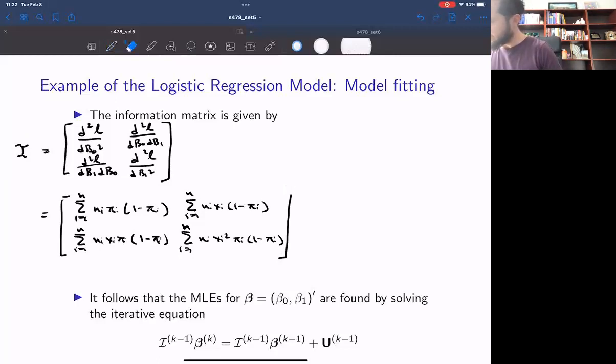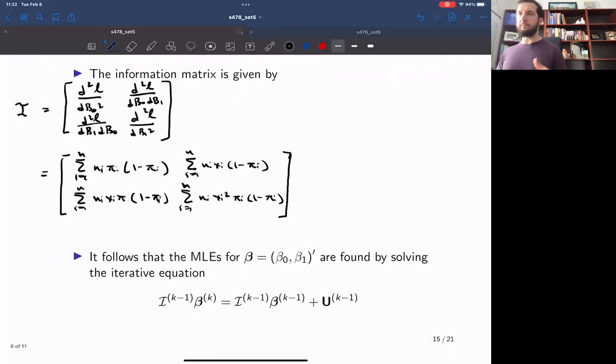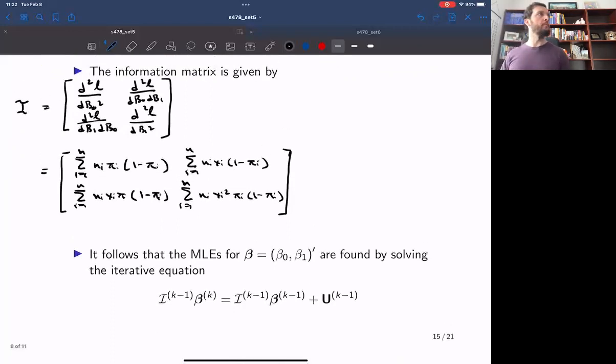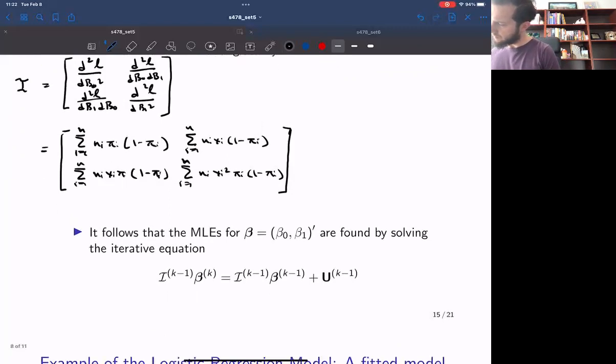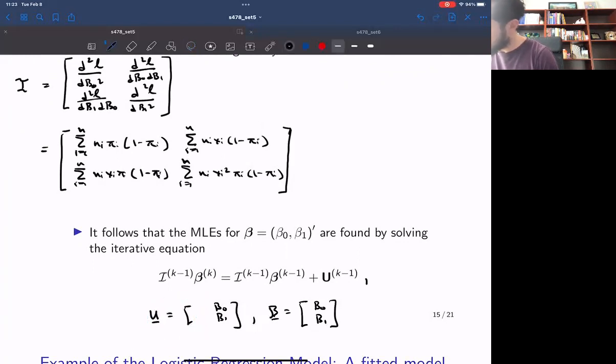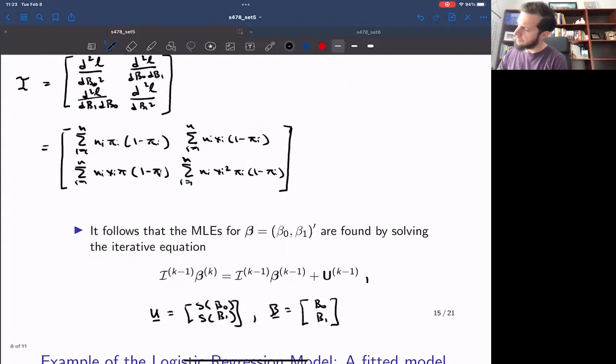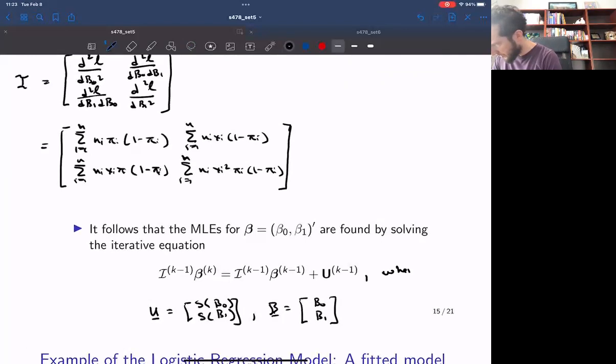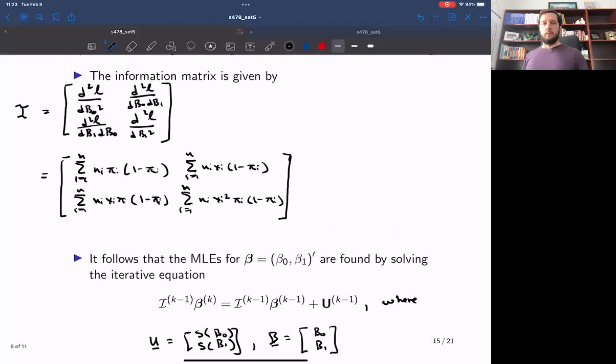All right. And then, given the equations for the score functions and the information matrix, now we can update our parameter estimates using the values given below, where beta is beta 0, beta 1, and U is the score.